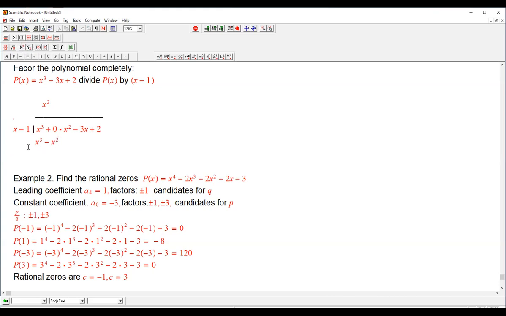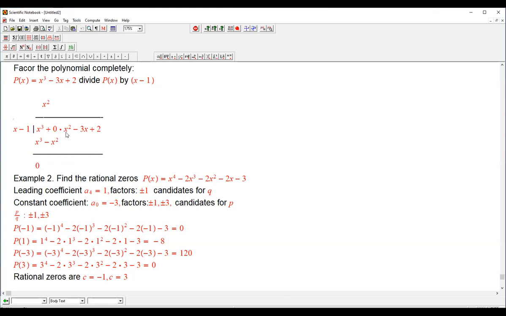Okay, and then the top row subtracting the bottom row. So like terms subtracting each other. x raised to the power 3 subtracting x raised to the power 3 makes 0.